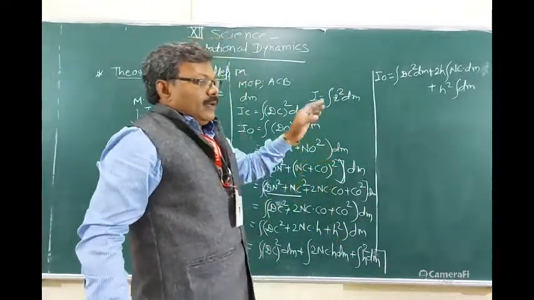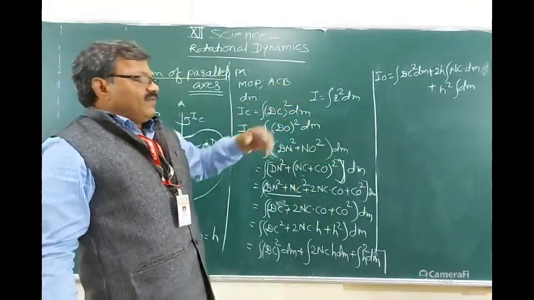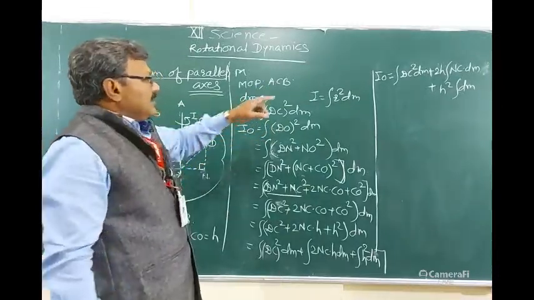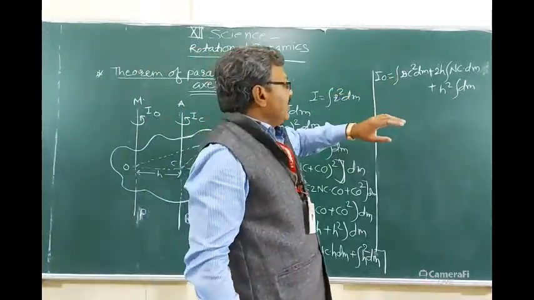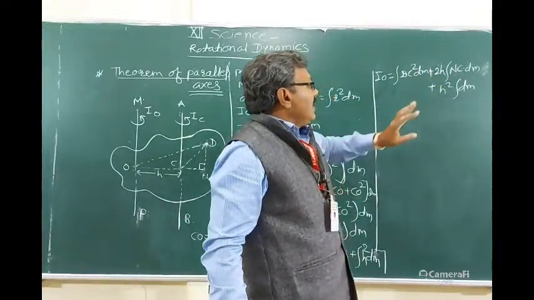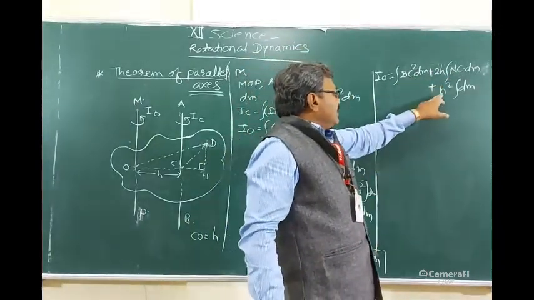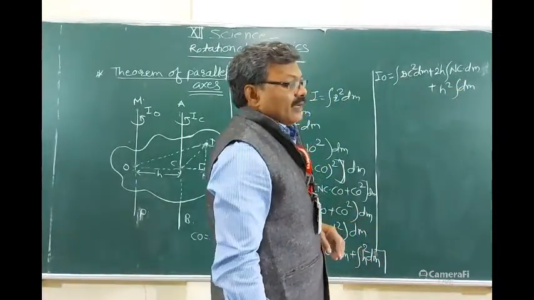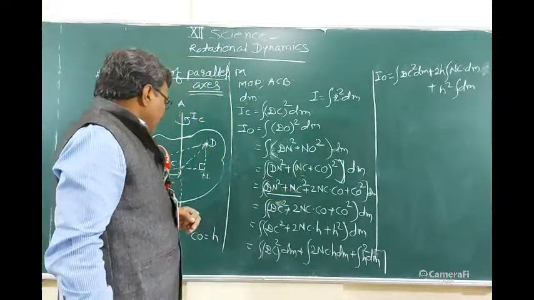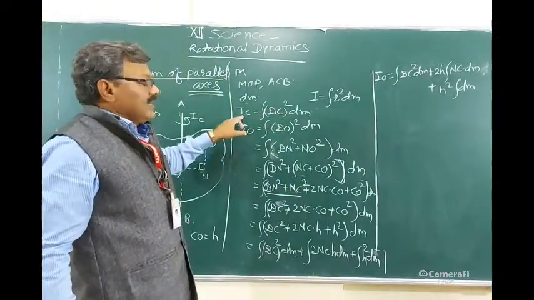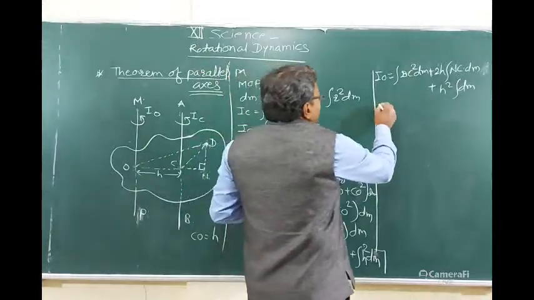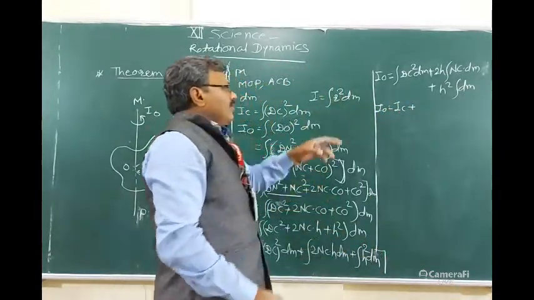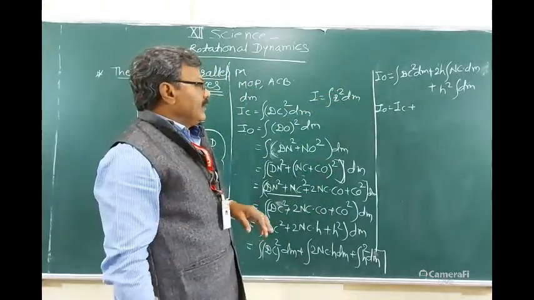Now this is the modified formula up to this. This is the integration of DC square dm plus twice h into NC dot dm plus h square into dm. But this integration of DC square dm is equal to IC. Therefore, this IO is equal to IC plus twice h into integration of NC dm.